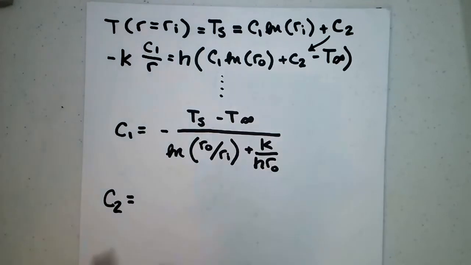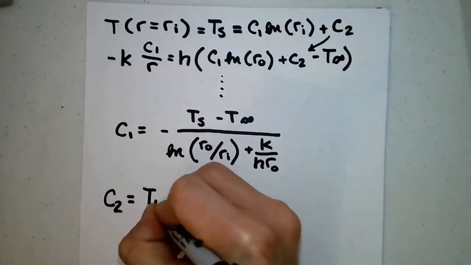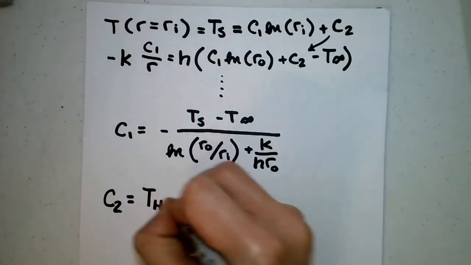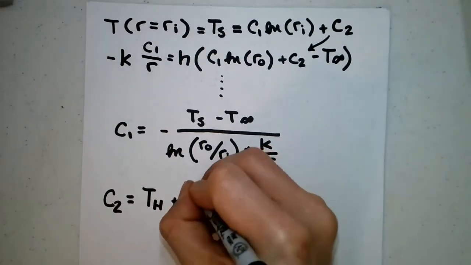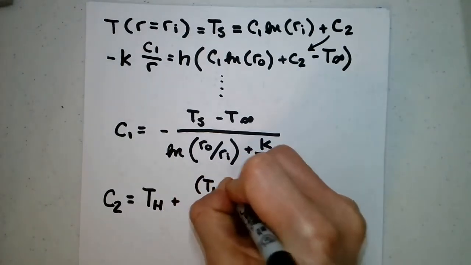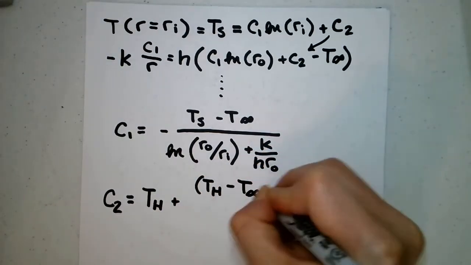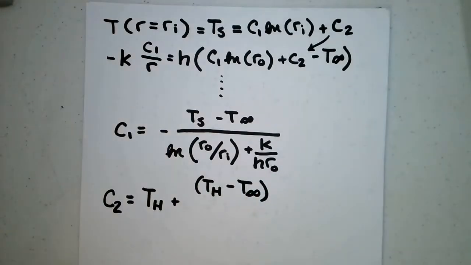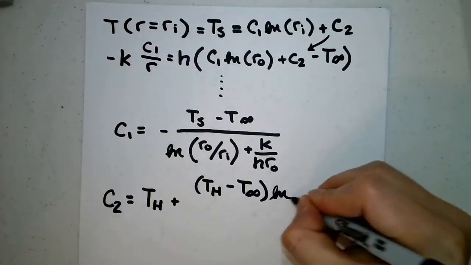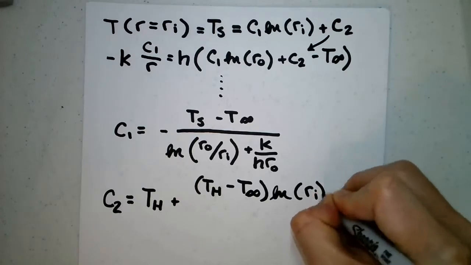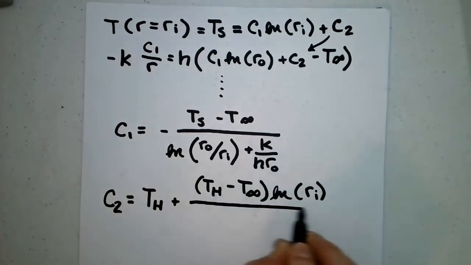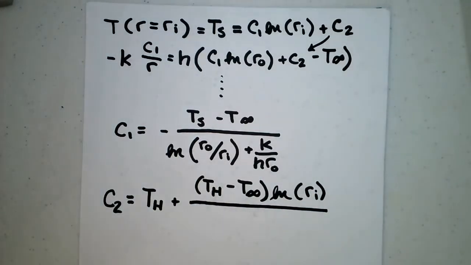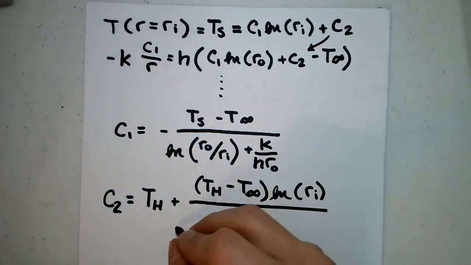then in our context, is TH plus TH minus TC, where this is T infinity, natural log of Ri, all over that same denominator.